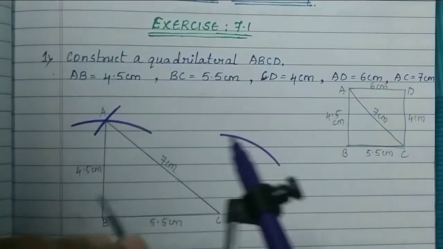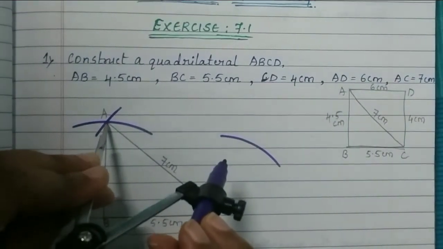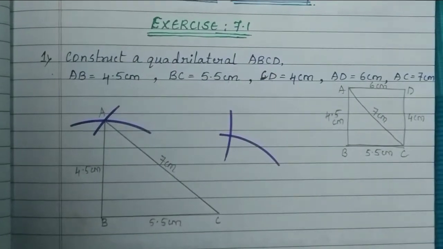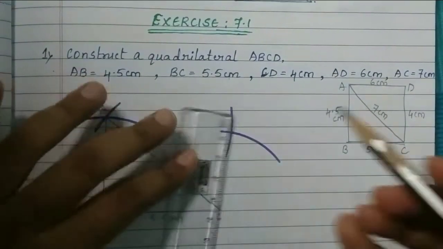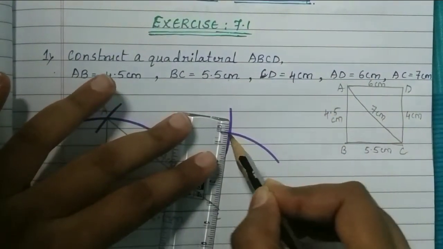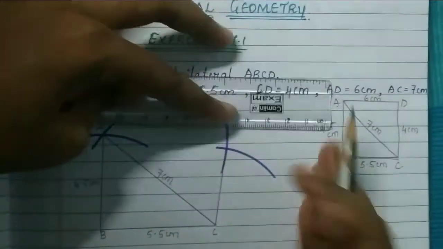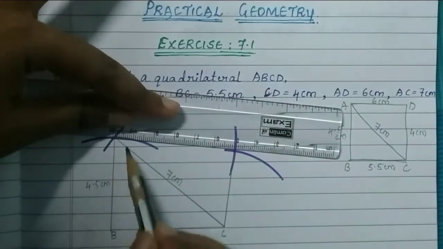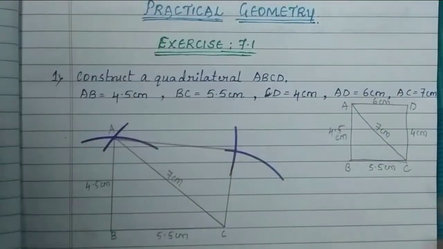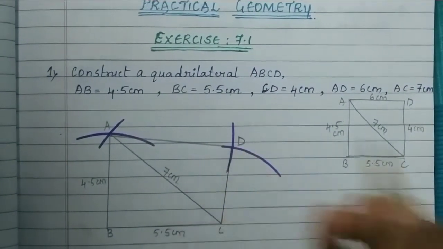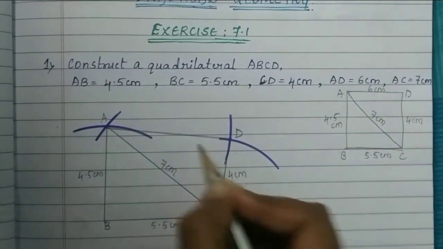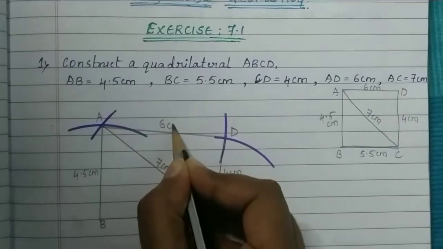So keeping at this point we have to cut an arc here. Now we have to join these points. This is our D point and this is the measurement of 4 centimeter as well as this is the measurement of 6 centimeter.